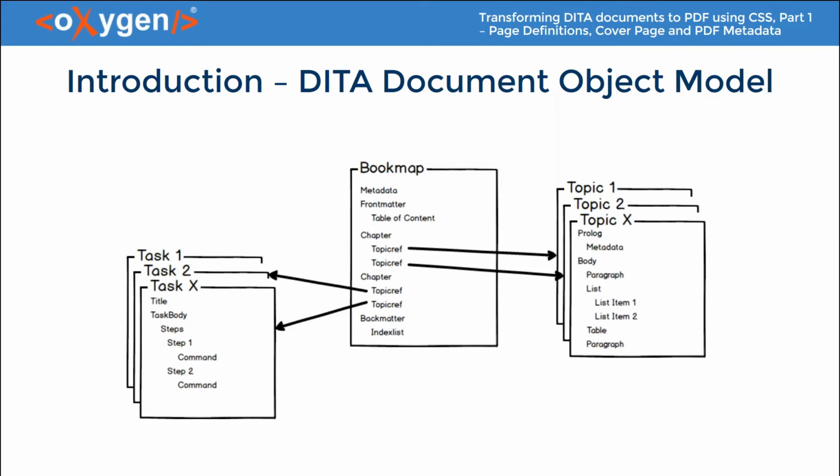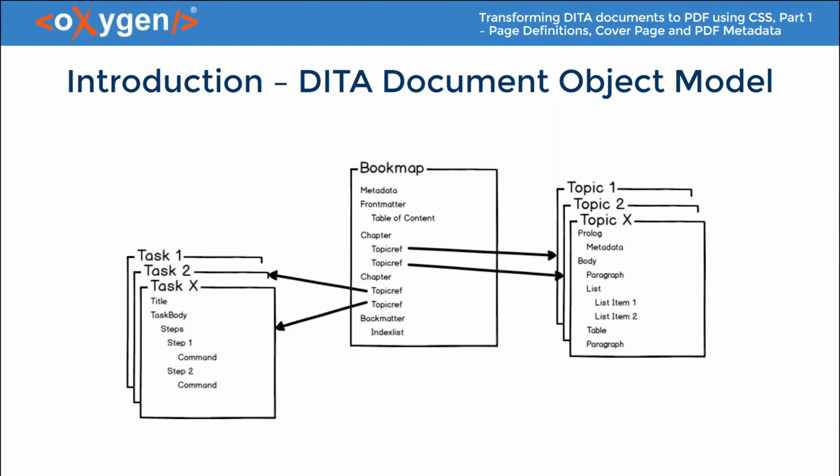So for example, if we take a book map, it's composed of metadata, front matter, which can contain the table of contents, for example. We can define chapters that can be already a topic or just a chapter title. After that, we find a lot of topic references, which lead to topics or tasks or references, which are all the topic types.